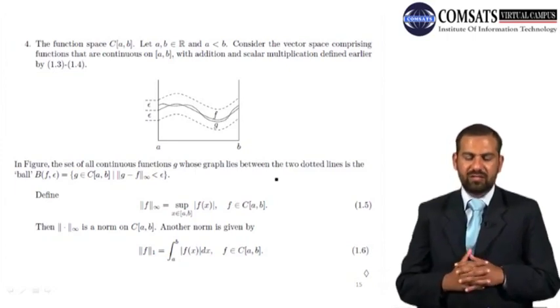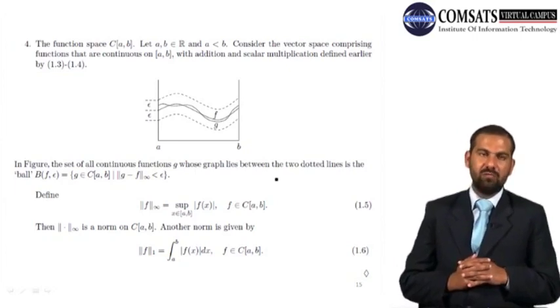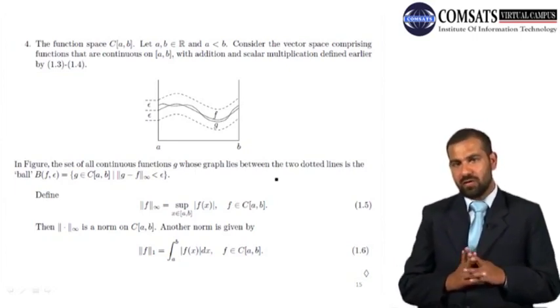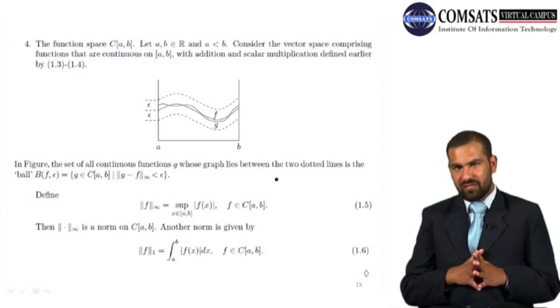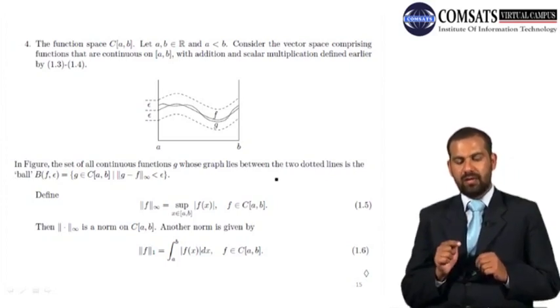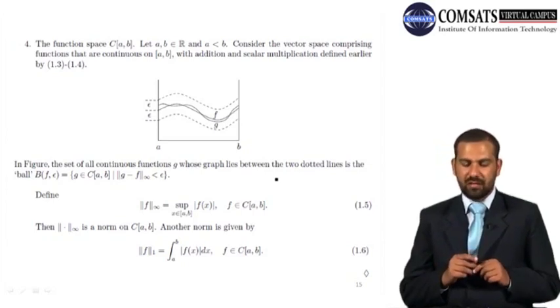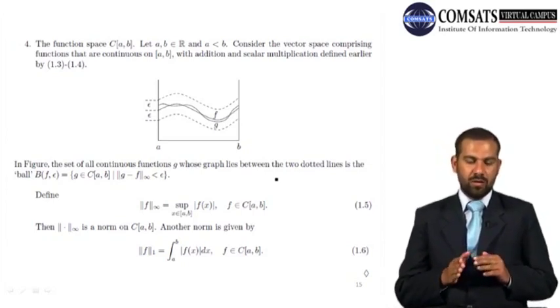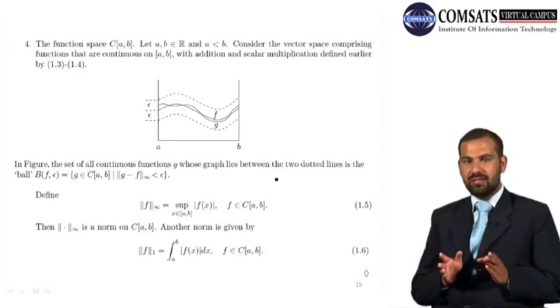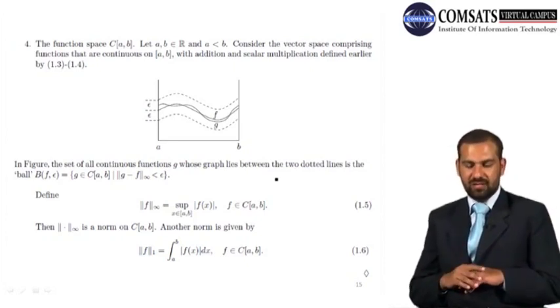Similarly, one can describe another very useful norm, called the norm 1 of functions. The norm 1 of a continuous function f is the integral from a to b of mod of f of x dx. You can easily check that this is also a norm that satisfies the conditions.